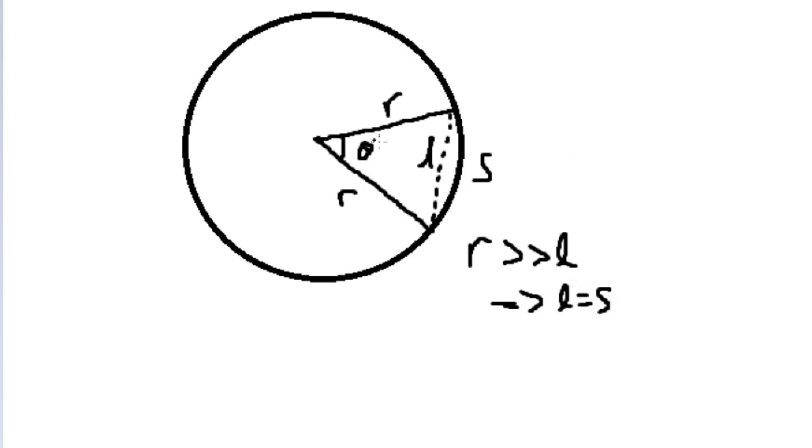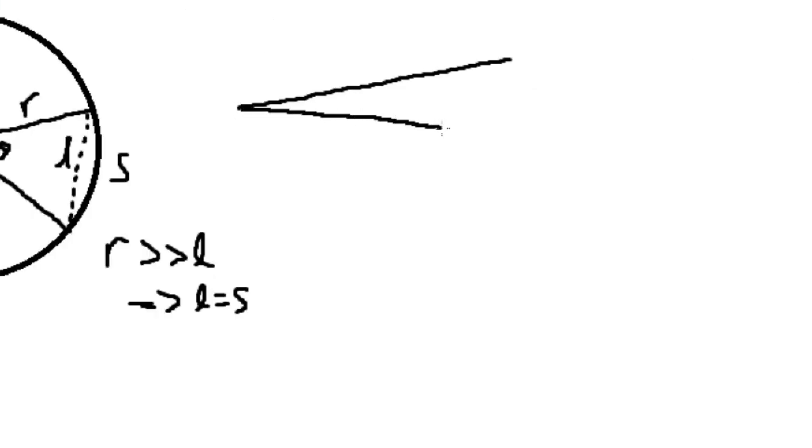Now if I took this triangle and made a different diagram here, and this place is the Earth, again, this point, and this would be L, which is equal to S in our approximation.